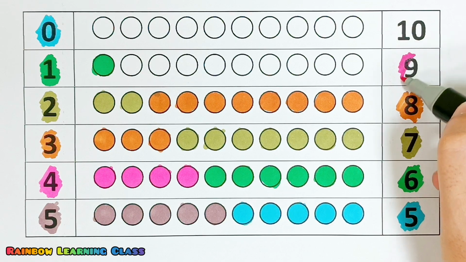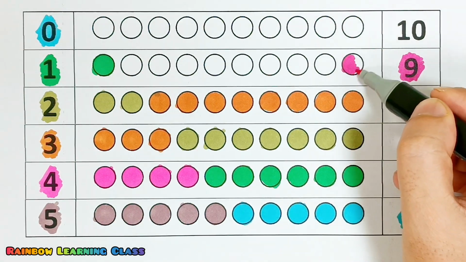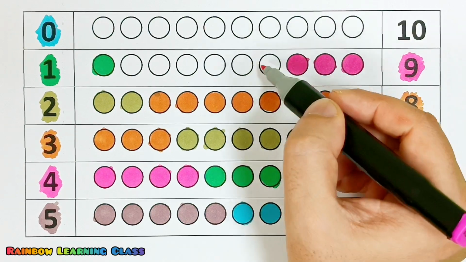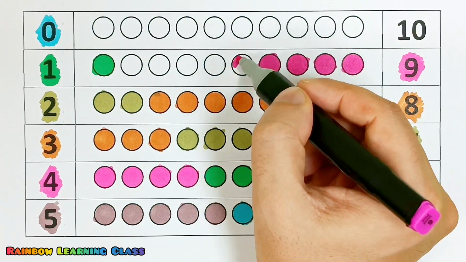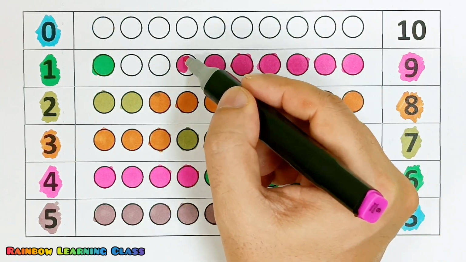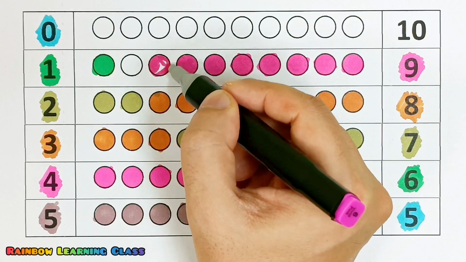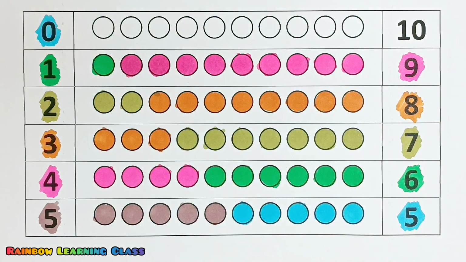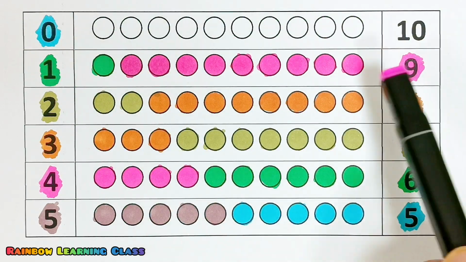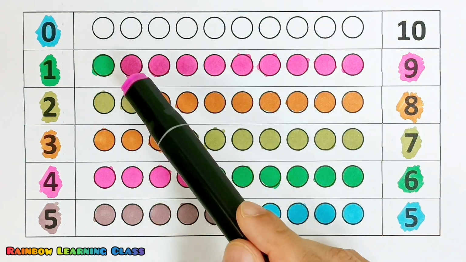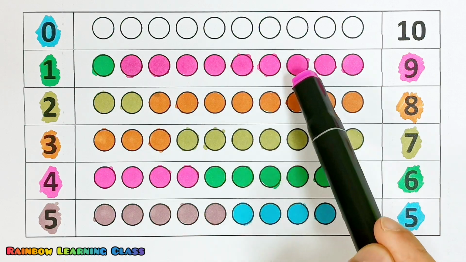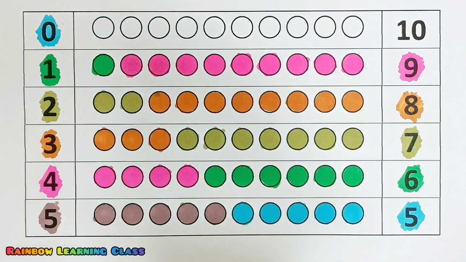Number 9. 9 ball. 1 plus 9 equals 10. 1, 2, 3, 4, 5, 6, 7, 8, 9, 10.